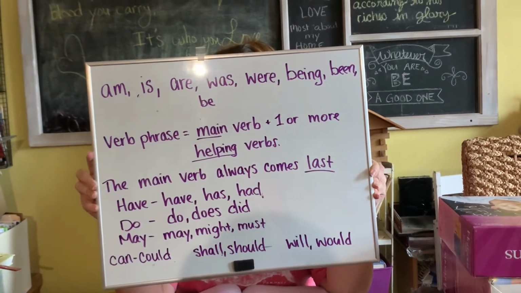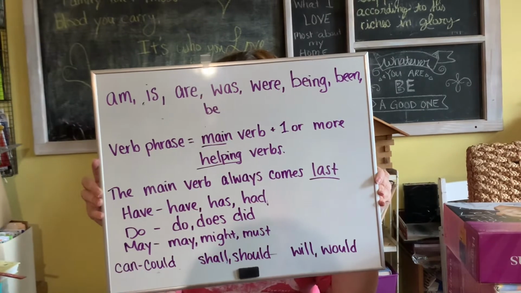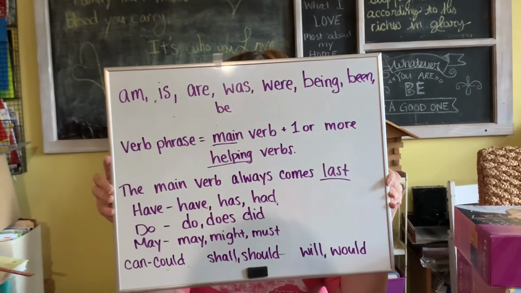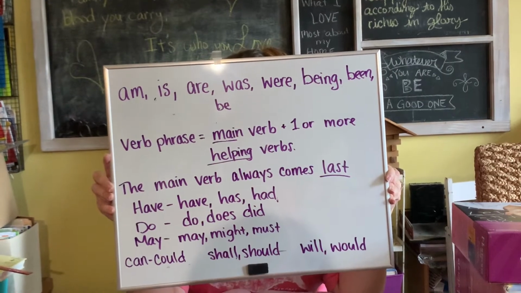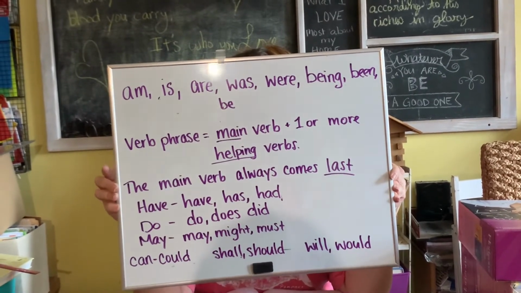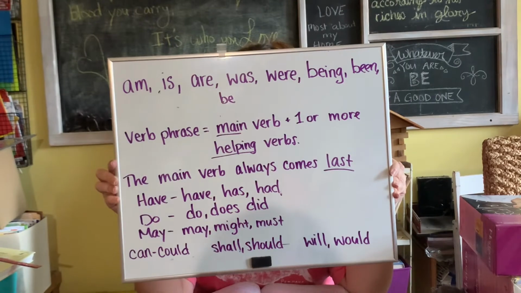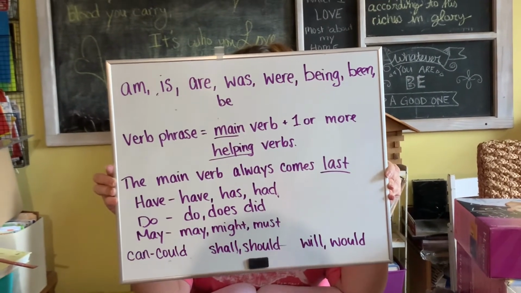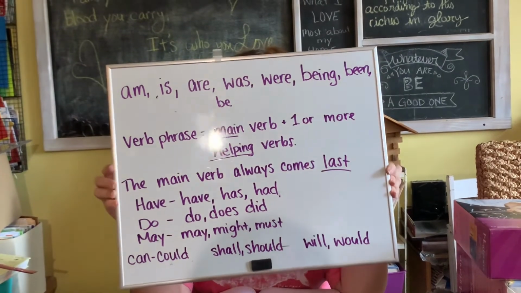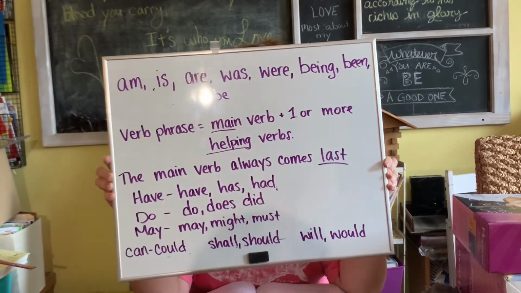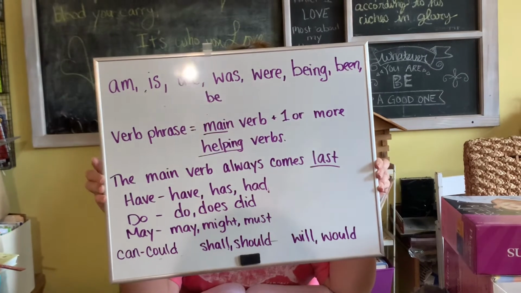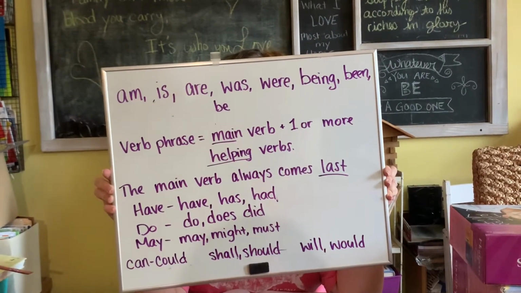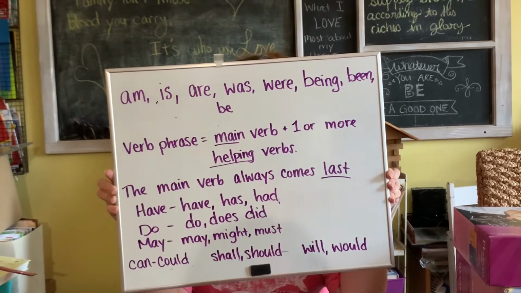All right, number 3 says write the forms of have. So there are 3 forms of have. Have, has, had. Number 4 says write the forms of do. You have do, does, and did. Now, if you memorized the song last year, you can just kind of sing through this because you should know all the helping verbs. But for this worksheet, they have just kind of divided it into categories.